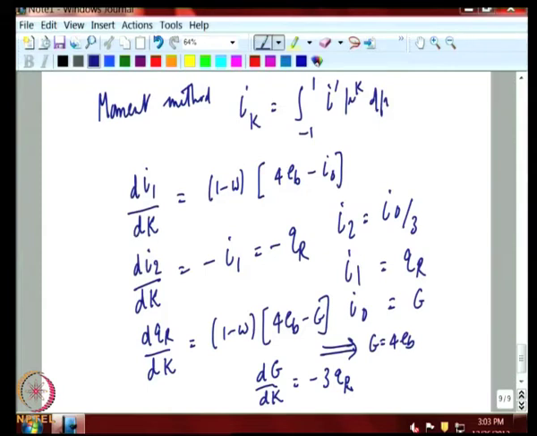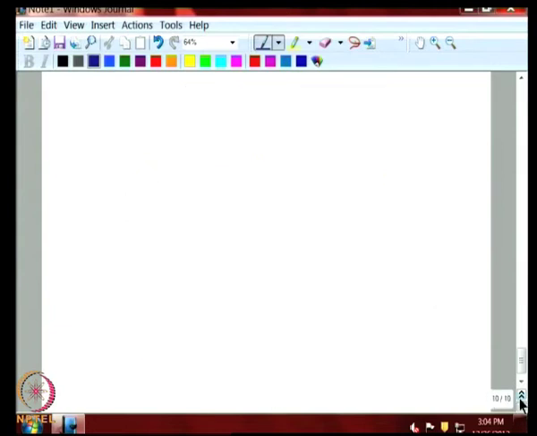So, since G equals 4 Eb, you can see straight away that dEb d kappa will be minus 3/4 of QR, and you can rewrite this as QR equals minus 4/3 dEb d kappa.